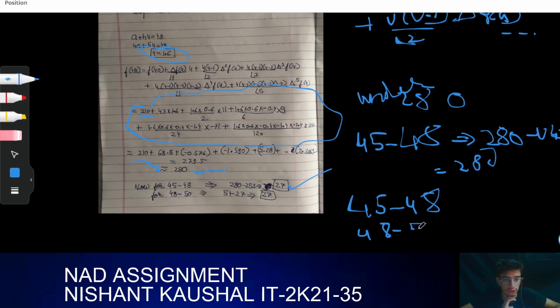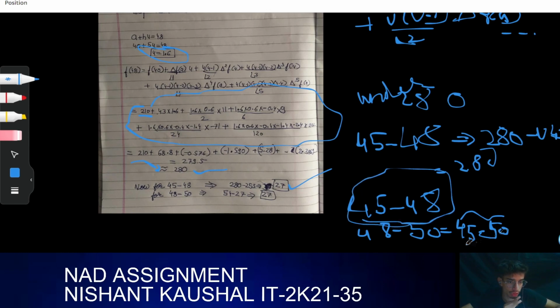So we have the number of students in the range of 45 to 50, and we have the number of students in the range of 45 to 48. So the number of students in the range of 45 to 50 minus the number of students in the range of 45 to 48 will give us the number of students from 48 to 50. That will be 27.